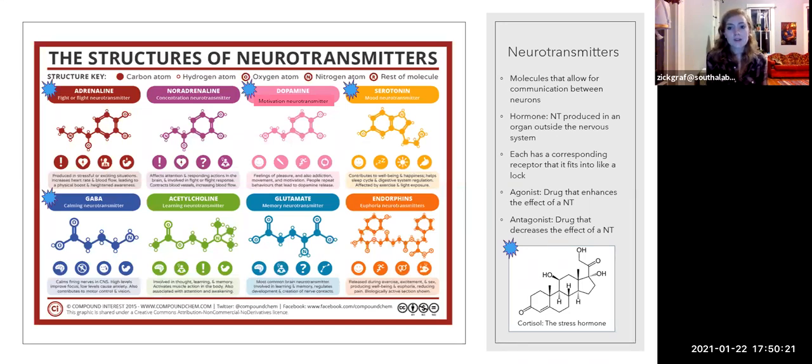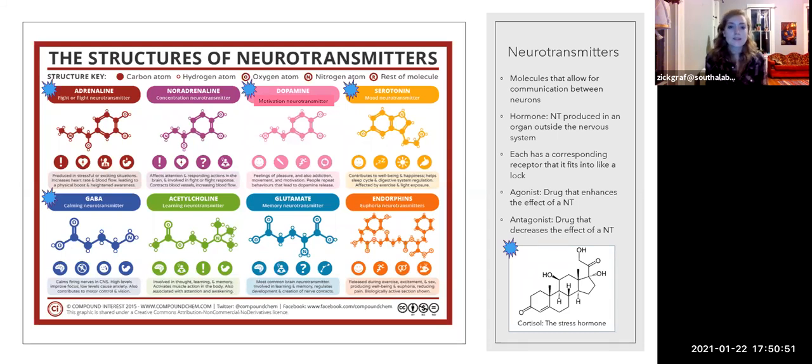So an agonist is a drug that interacts with a receptor to either do the same action as a neurotransmitter or to enhance the activity of the neurotransmitters that our body naturally produces. A pretty common example of an agonist is, as I mentioned earlier, alcohol. Ethanol is an agonist for the GABA receptor. So alcohol kind of does the same thing in our brain that our naturally produced GABA does.